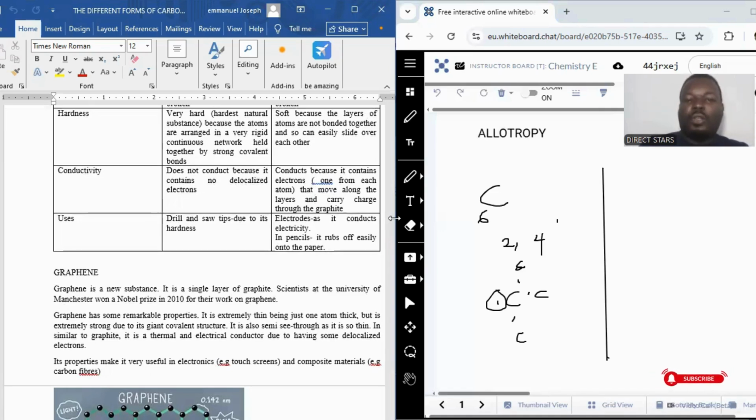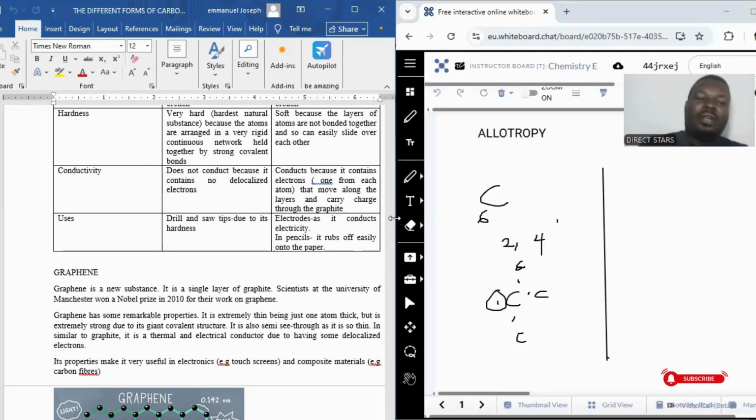Graphite is soft because of the layers that are not bonded together, and so can slide easily past each other. And then conductivity, of course, diamond does not have any free electrons, so it does not conduct electricity. But graphite has delocalized electrons, okay, that are free to move, and they conduct electricity. In fact, graphite is the only non-metal that conducts electricity very well.